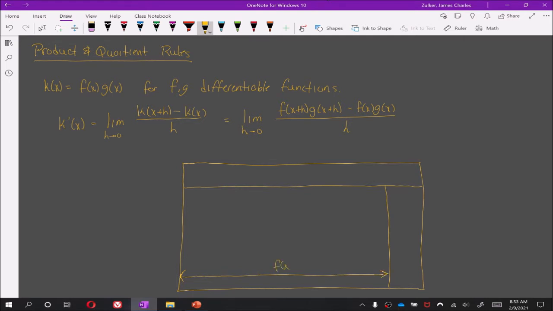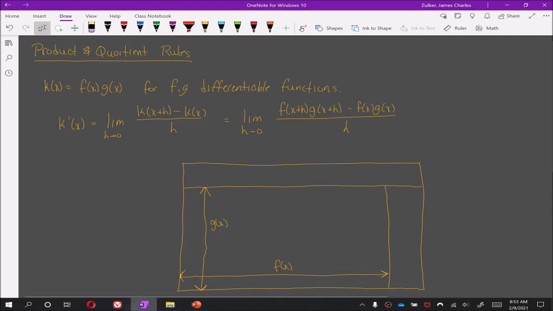So this distance here is f of x. We're going to say that this distance is g of x. Then we're going to say that this tiny distance here is h, and so is this tiny distance here.